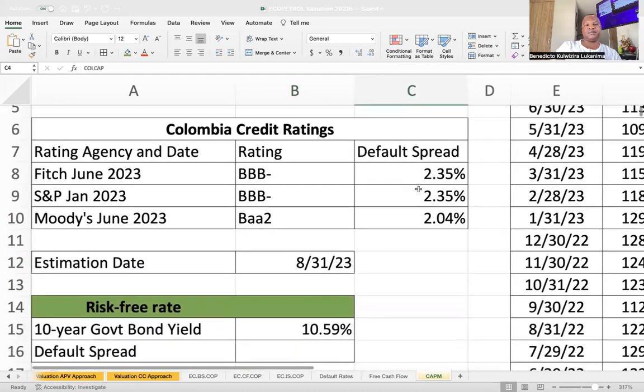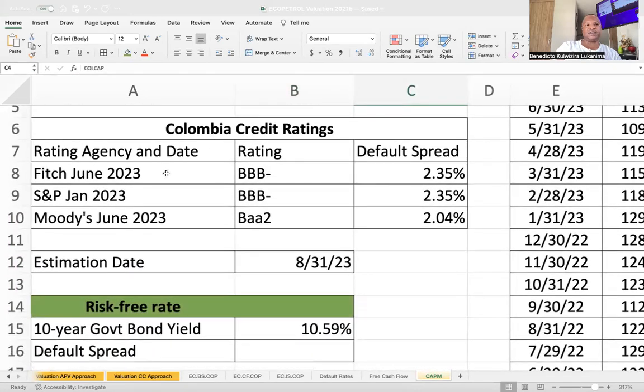So in this table, we have ratings by Fitch as on June 31st, BB minus, the default spread 2.35, S&P January 23, triple B minus, the default spread 2.35, and Moody's June 2023 Baa2, default spread 2.04.